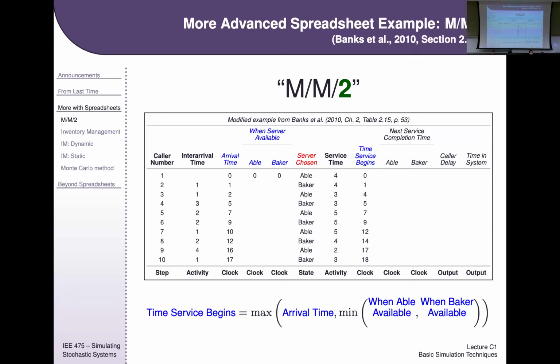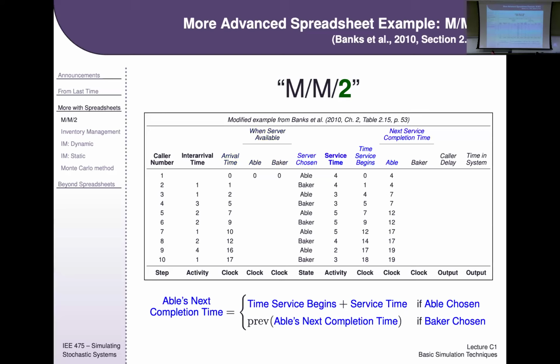We'll immediately be able to get in because the servers will become available before we arrive. Alternatively, if our arrival time is less than the minimum of these two availability times, then it's the other way around. We arrive and nobody's available. We have to wait until they're available. So that's how we figure out when the service begins, and we can populate that column. Okay, so then we can move on.